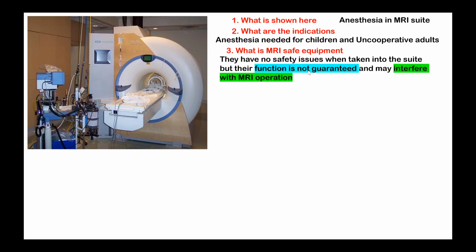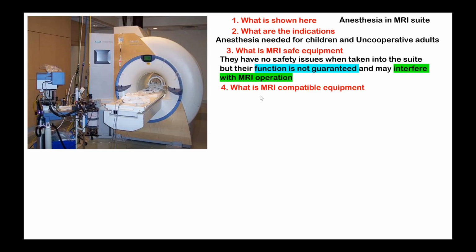For example, if you use a pulse oximeter which is only MRI safe, it may not get pulled away from the finger by the magnetic field, but it may not function properly, and this may interfere with the MRI function also. That is called MRI safe. Only thing, it is not drawn by the magnetic field, but their function is not guaranteed.